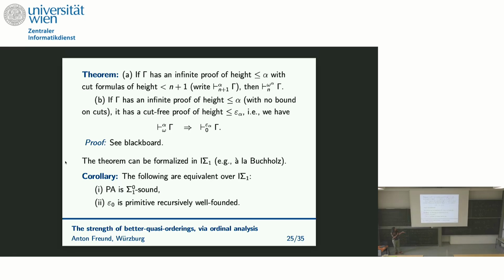But now we are operating on infinite proofs, and it's maybe less clear how these transformations of infinite proofs, cut elimination for infinite proofs, can be formalized in weak theories, but it turns out that you can do it.